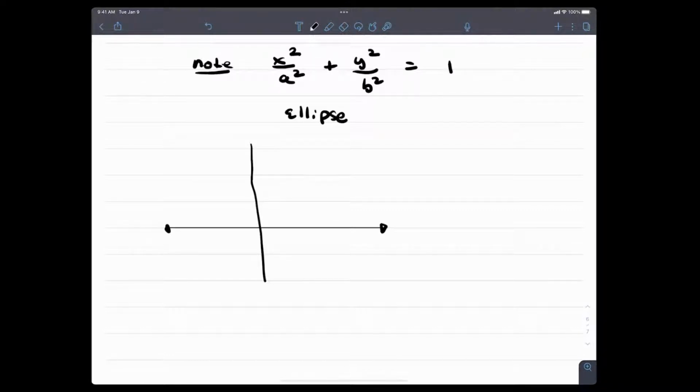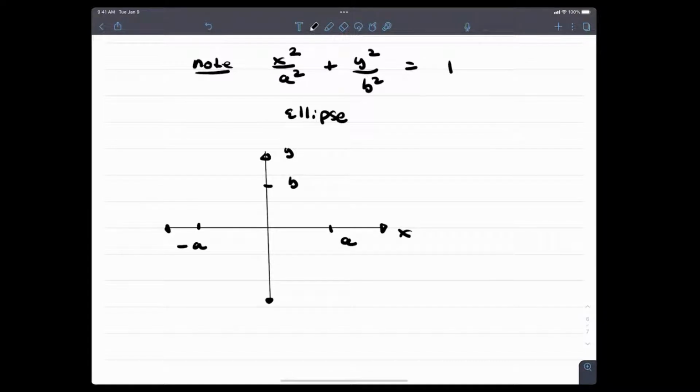I know your book has a derivation of it, so I don't want to waste your time. You guys can read that, but I want to go over the idea here. Remember this is going to be your a, minus a. You've got the equation of an ellipse.